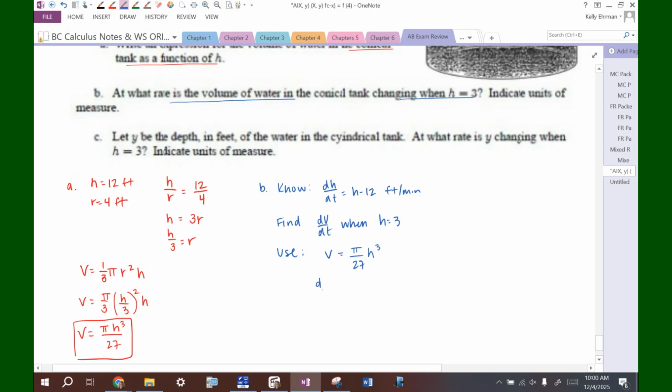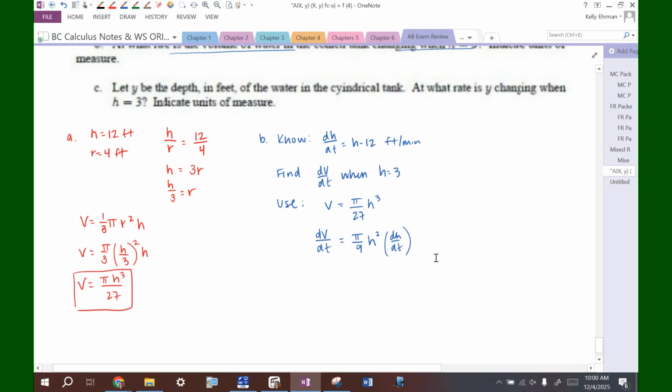All right, so we're going to take the derivative with respect to t of both sides. That's going to make this 3 pi over 27, so pi over 9 h squared. And because that was a variable h and I'm differentiating with respect to t, I need a dh/dt. After I've taken the derivative, I can sub in the numbers that I know.